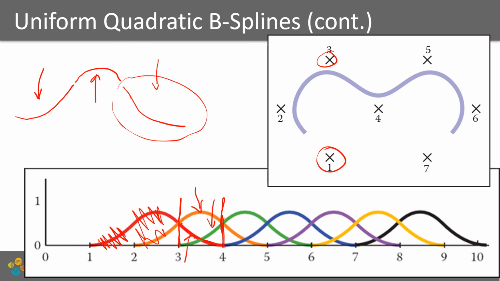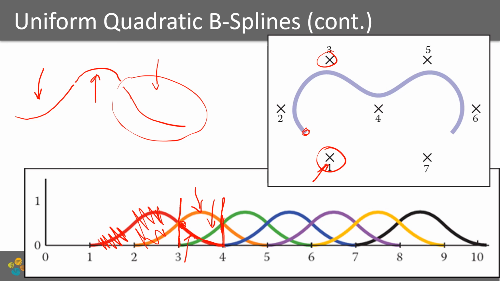So this will be a part in which, let's say, at the beginning, the value of the first point has a relatively high contribution, the same as the second point. So it will start in the middle between the first and the second point.